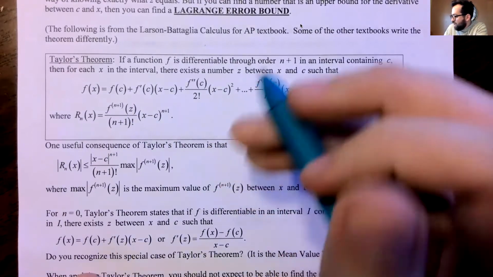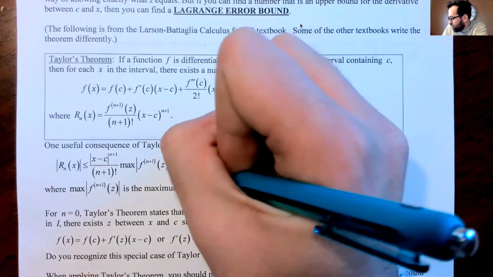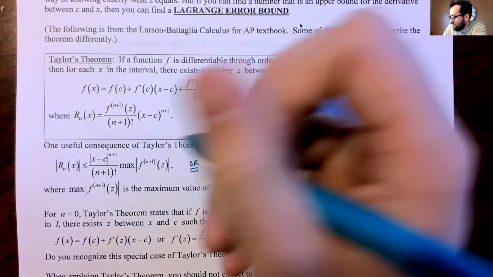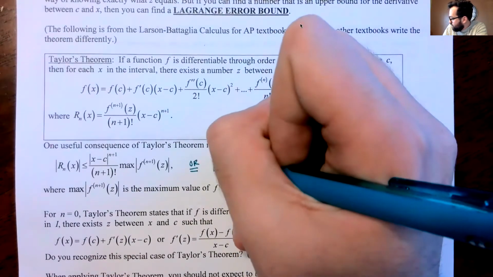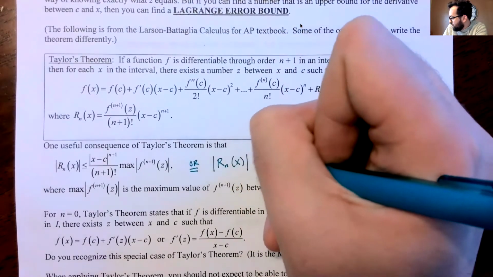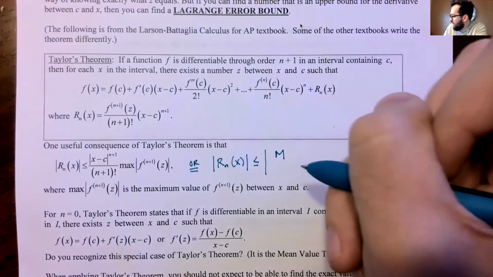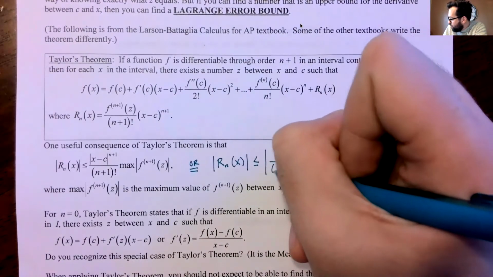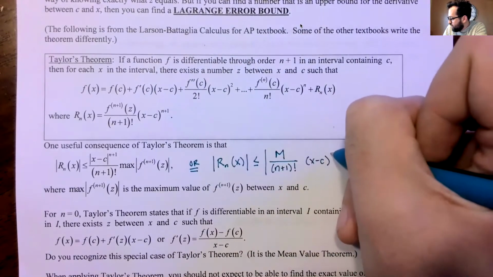And a lot of times, the way that I like to think about this, I'm going to reword this so that we don't have to think about this n plus 1 and z thing. I just think of the remainder has to be less than or equal to what's often just called a capital M. So we could say M over n plus 1 factorial times x minus c to the n plus 1.